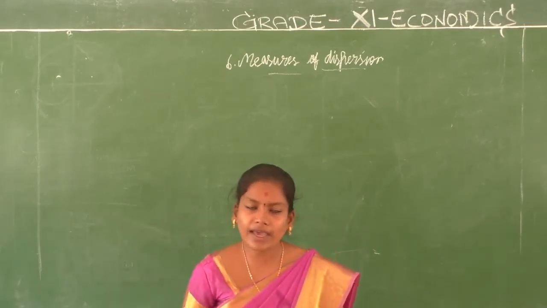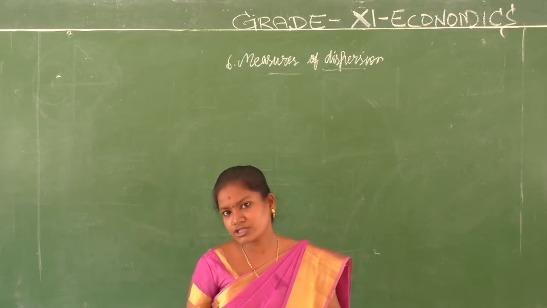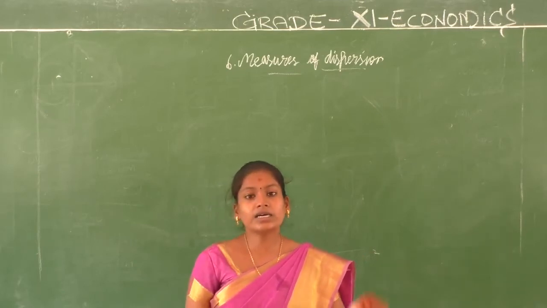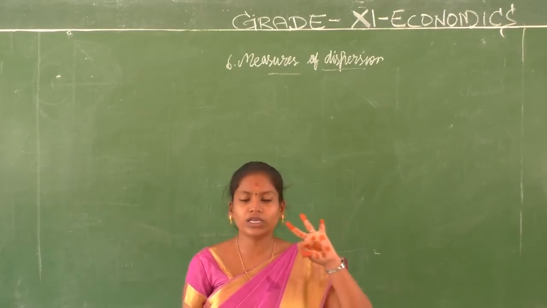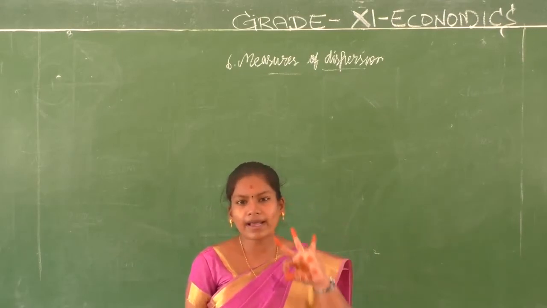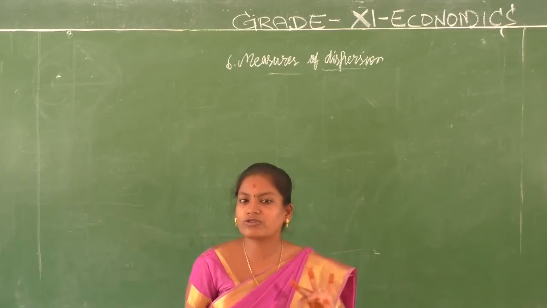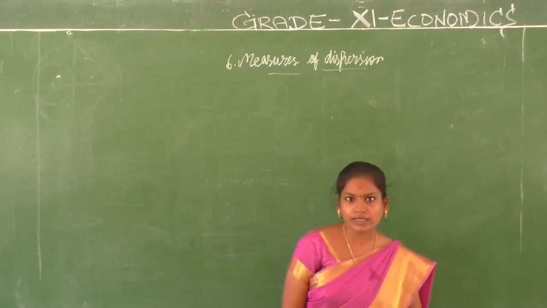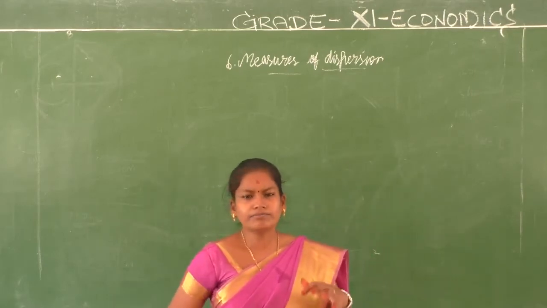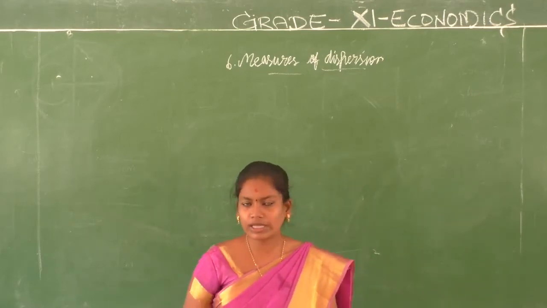Now we have to explain through various measures of central tendency like the arithmetic mean, then we had the median and mode. These are the most used measures of central tendency. We still have harmonic mean and weighted arithmetic mean, but we are not going much into that as of now.